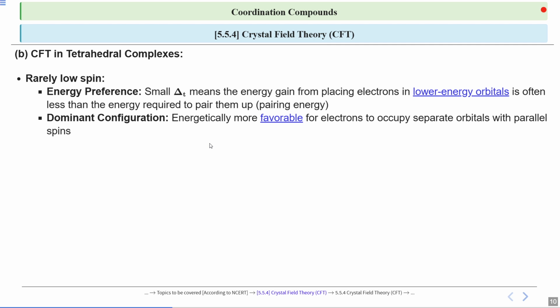That means they don't need to pair up. Rather than pairing up, the electrons should occupy separate orbitals with parallel spin, and this is going to be the energetically favorable condition. So this is the dominant configuration, which is going to decide the configuration in the tetrahedral complexes case.